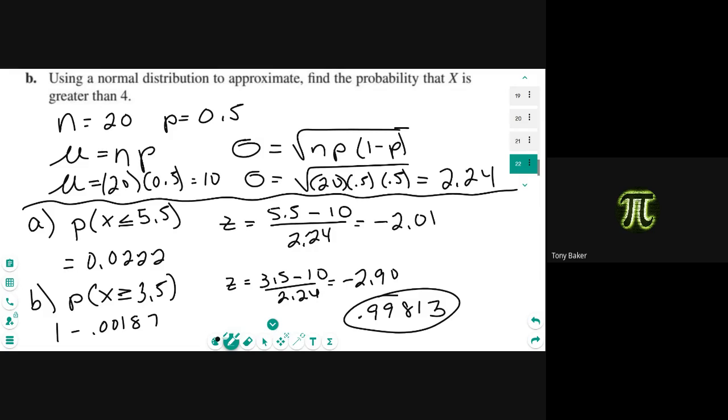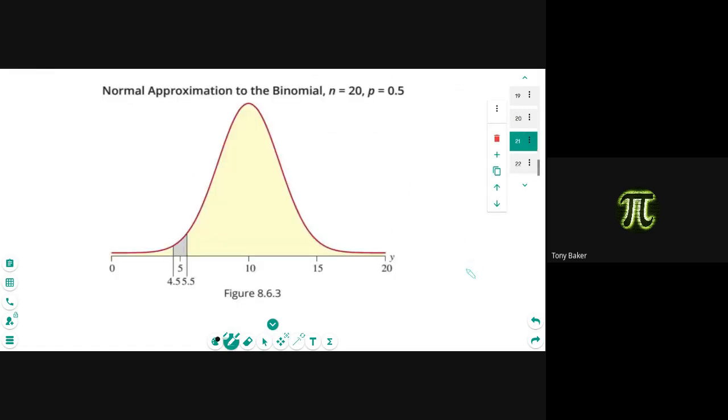So if I'm looking for this section over here, or this section over here, that is going to be the exact same as that, and the Z for this one will be the negative version of the positive Z there. So you can definitely do that.